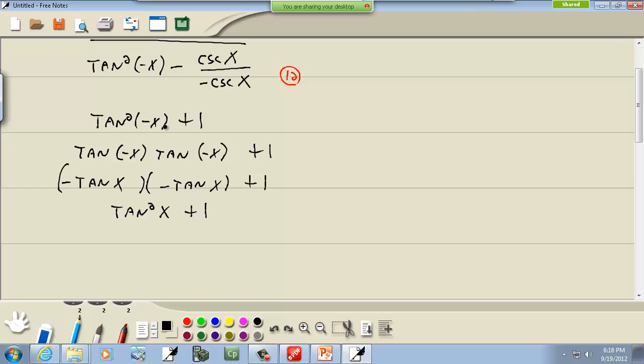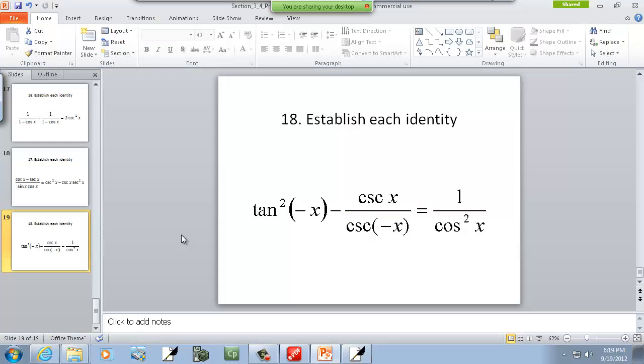Now it looks like you just drop it, but the reason why is what I just said here. Negative times a negative is positive. And from number 16, I think it is, we got tangent squared x plus 1 is equal to secant squared. So this here becomes secant squared, which, is that what we're trying to show?